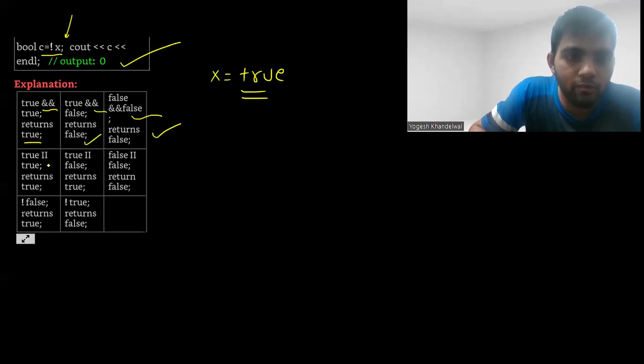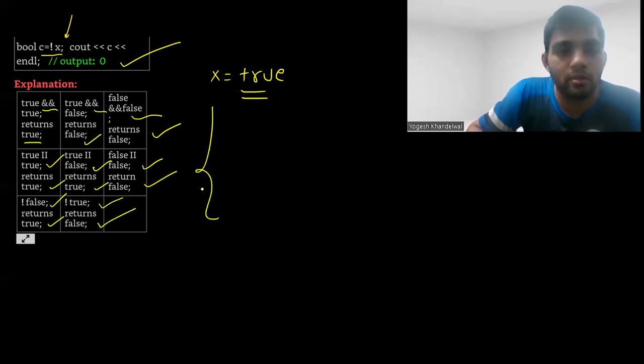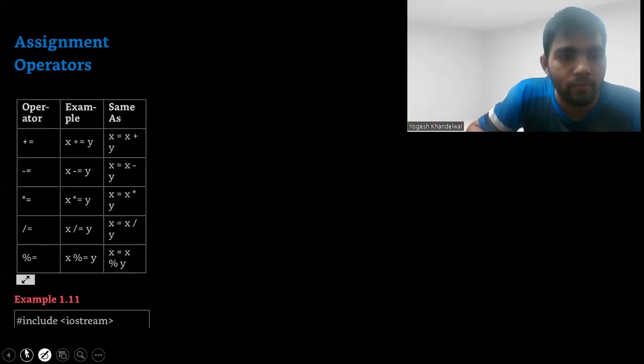Like here simply for the OR operation, true or true remains true, true or false returns true, and false or false returns false. If we see NOT, like not of false it returns true, and not of true it returns false. So these are different logical operations you can do on your boolean variables.